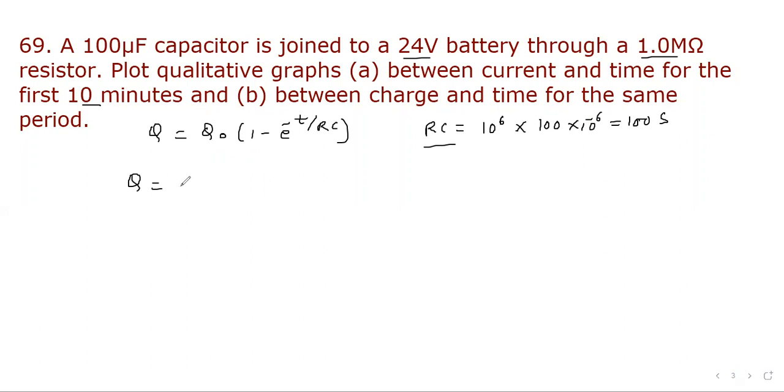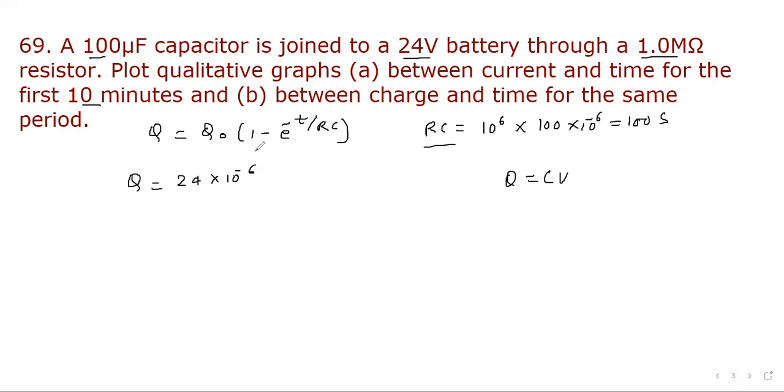So Q0 will be equal to CV0, so 24 into 10 to the power minus 6. C into V0, this is 24, and V0 is here in our question. Here Q equal to Q0, so Q equal to CV.